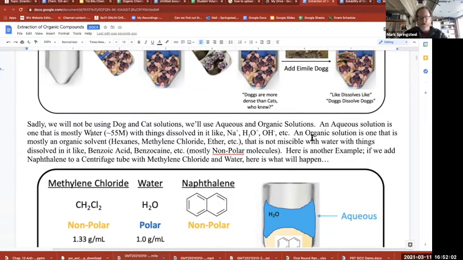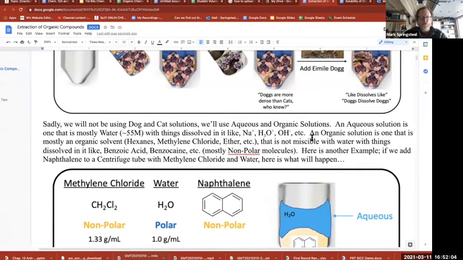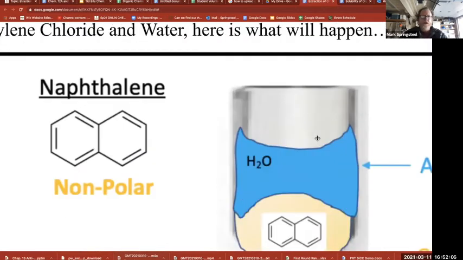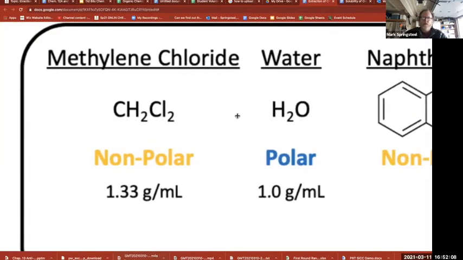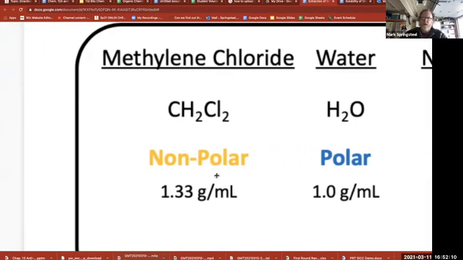So here's an example with organic molecules. If I've got methylene chloride, it's an organic solvent, and it's nonpolar. If you remember from the solubility rules, it seemed like it might be polar because of the two chlorines and two hydrogens in the tetrahedron, but it turns out it doesn't dissolve in water, so it's nonpolar. And then we have water, which is our polar poster child.